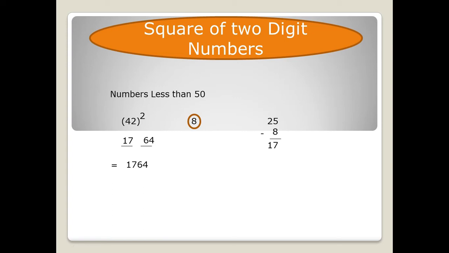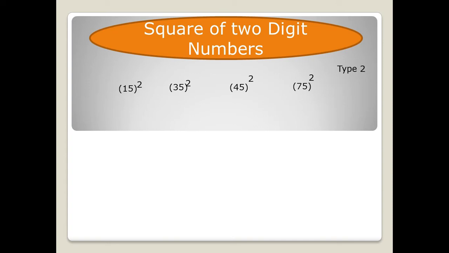Okay, now I will share with you more tricks. That is the second type of numbers, when you have 5 at the end of the number. We see the first example, 15 square.